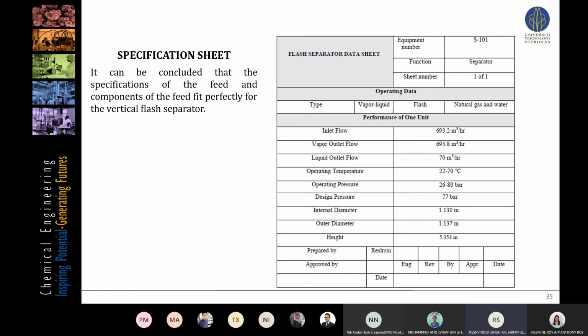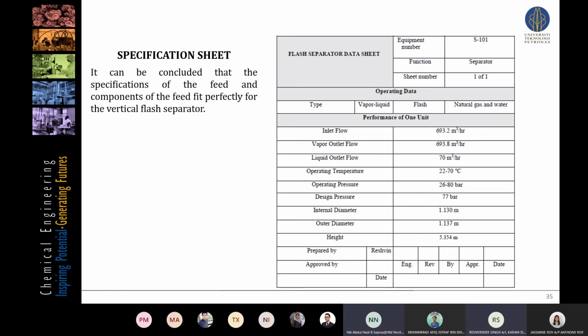Because the gas flow rate is always faster than the liquid. So the question is, how did you get 70 meter cube per hour for liquid outlet flow? From the simulation, sir?